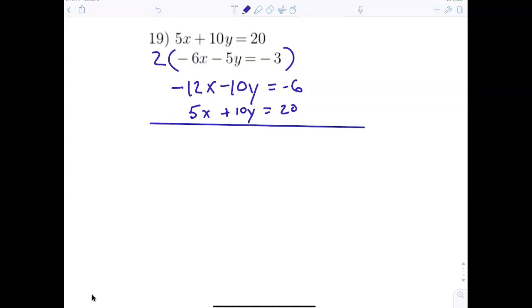So that gives me what? Do you agree with that? So x equals -2.